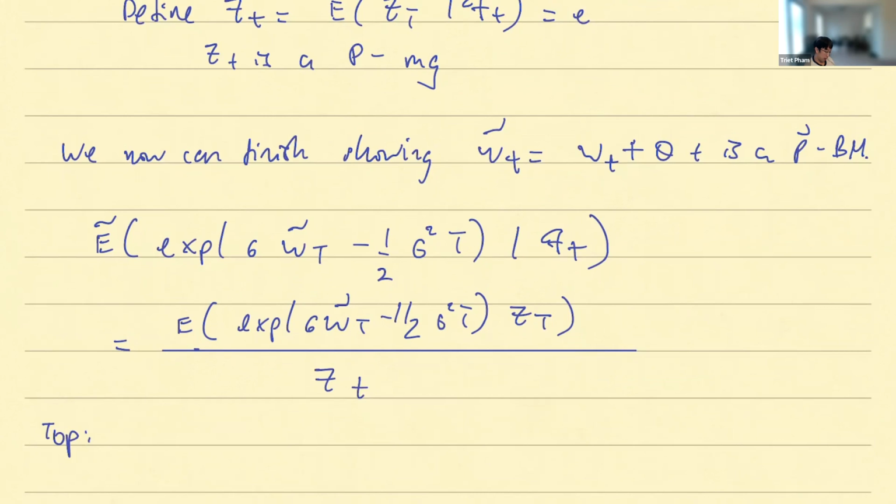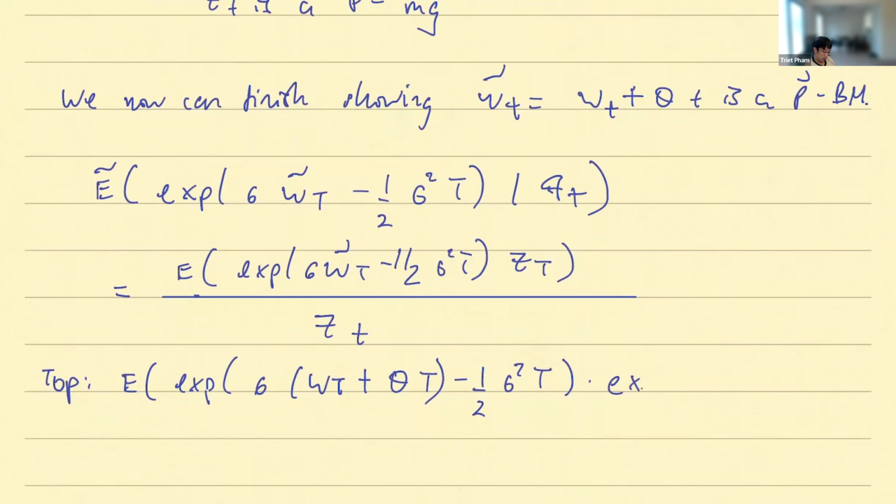The top piece has the expectation of exp of sigma times W big T plus theta times T, minus 1/2 sigma squared T, times exponential of minus theta W T minus 1/2 theta squared times T.